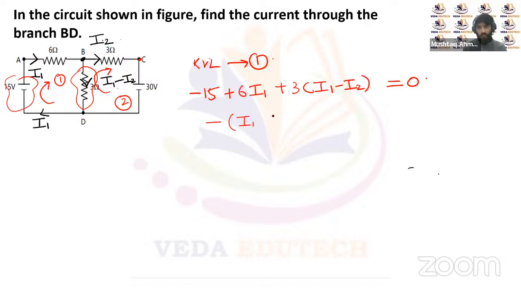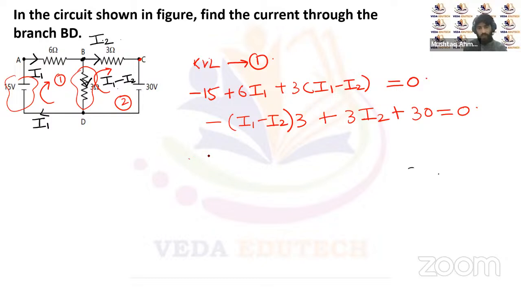We'll take it as minus 3 times I1 minus I2, and the resistance is given as 3 ohm. Then we are moving along the direction of this current I2 in the 3 ohm resistor. That will be taken as 3 times I2. Then we'll face the positive terminal of this battery, so we take it as positive, that will be 30 volts. That's equal to 0. So we have two equations here.